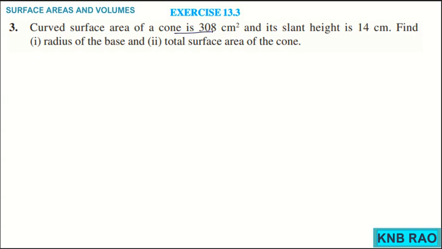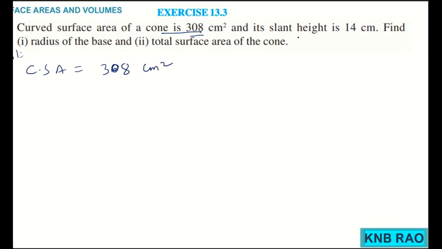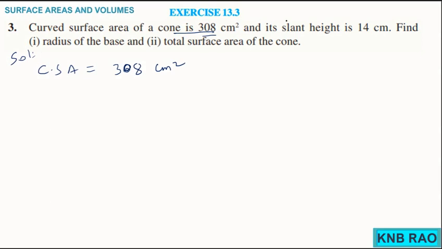The CSA of a cone is given. It is 308 centimeter square, whereas the slant height is given as 14 centimeter, and you are asked to find the base radius.